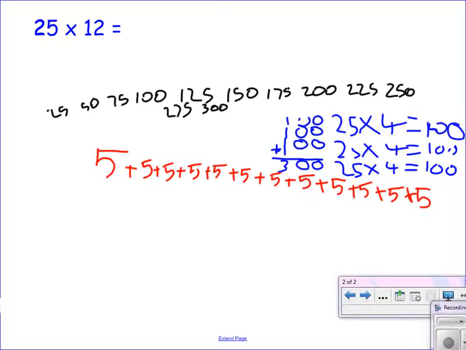Okay, and what does that equal? 60, okay. So that gives us 5 times 12. What else do we have left in our problem? 12 20s. Okay, so let's see that.